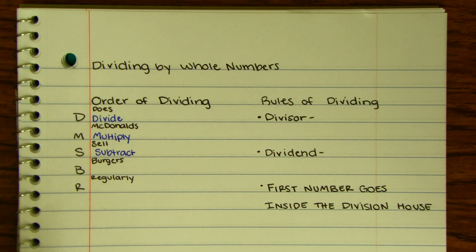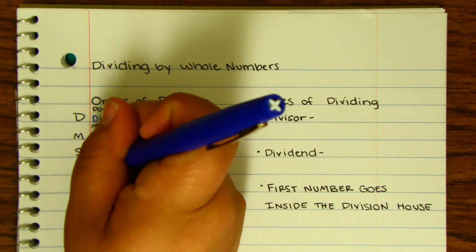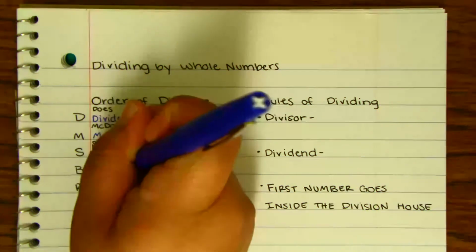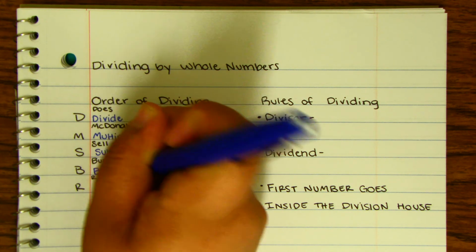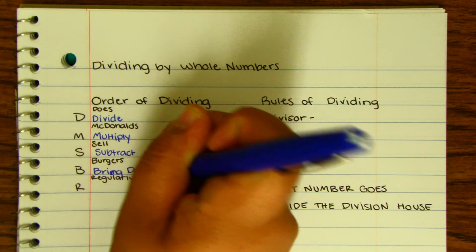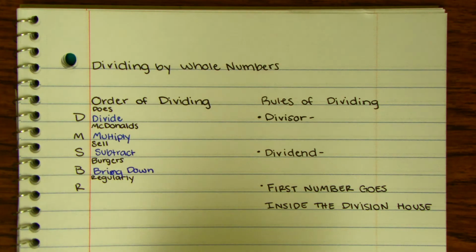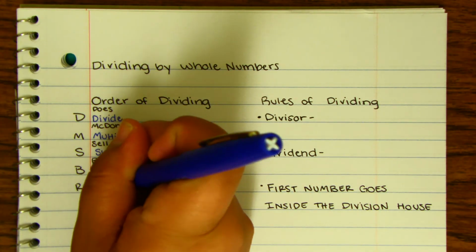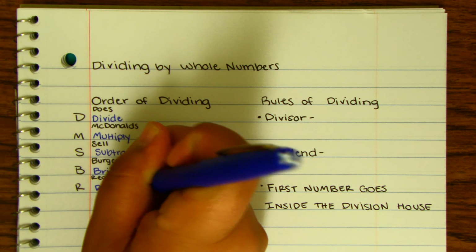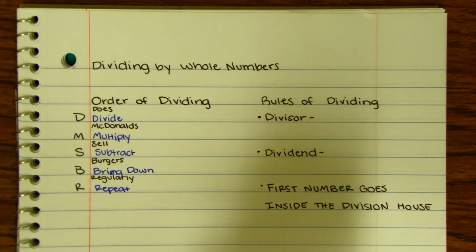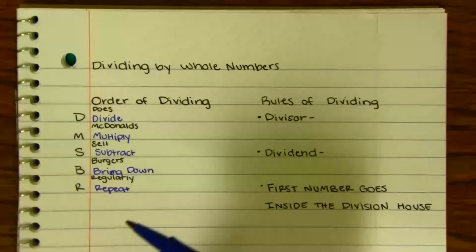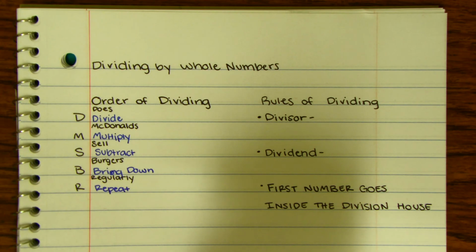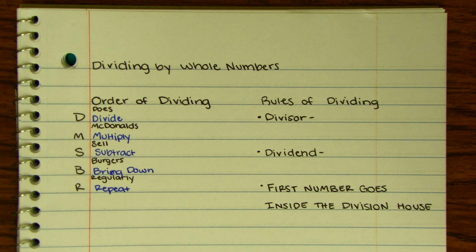Followed by B, bring down. And finally R, repeat. So those are the steps that we are going to do when we are dividing. So we're going to divide, then multiply, subtract, bring down, and repeat the process again.